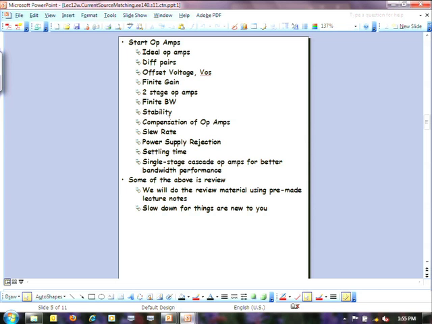And when R naught is 0, then this becomes 1 as well. So your gain just becomes A sub V. Right? So that's why we want Ri to be infinite, R naught to be 0 for an ideal voltage amplifier.